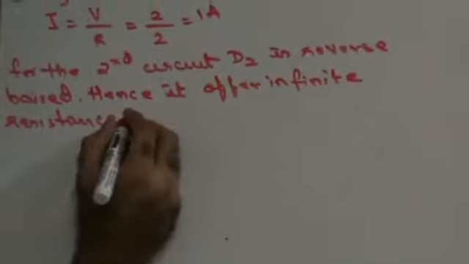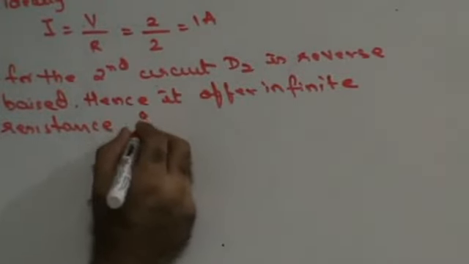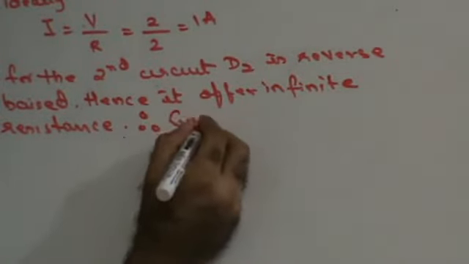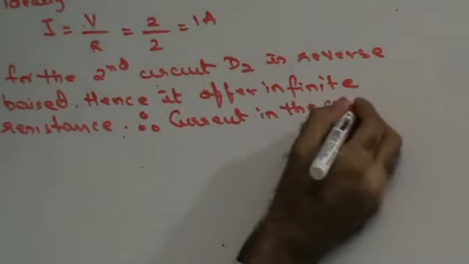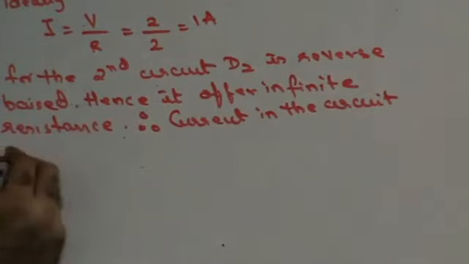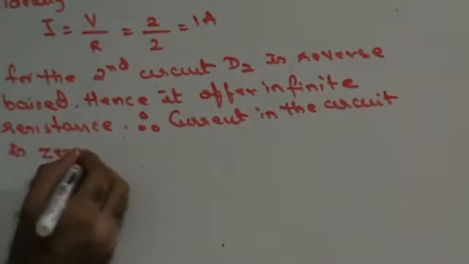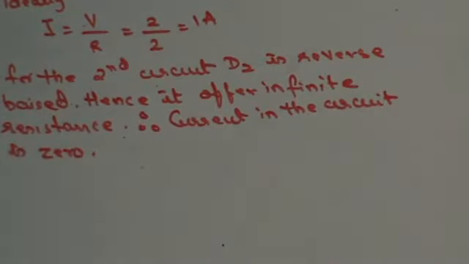Therefore, the current in the circuit is 0. Fine. Next, let's see another sum, guys.